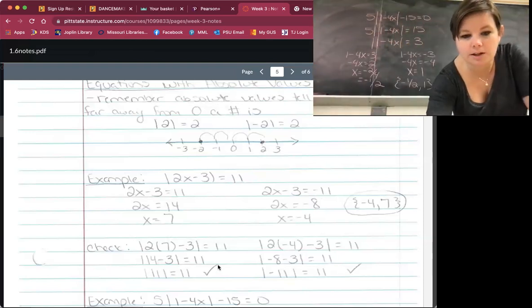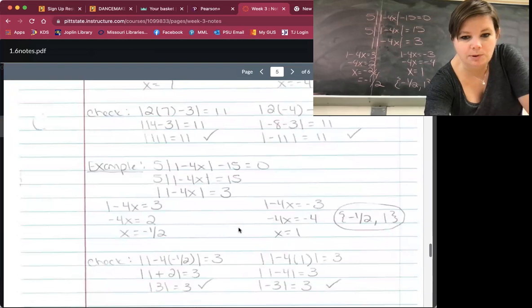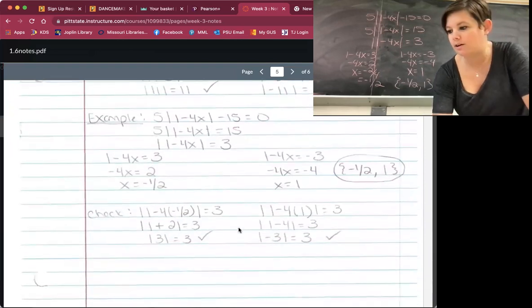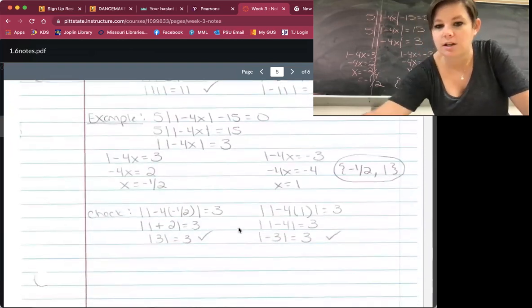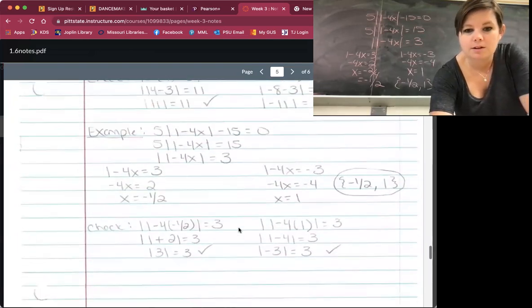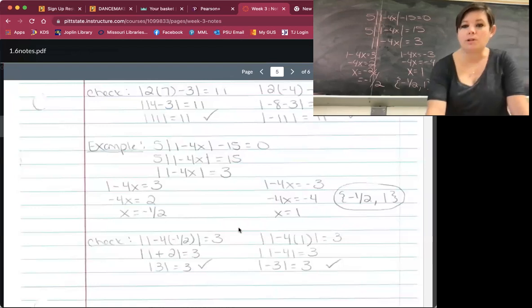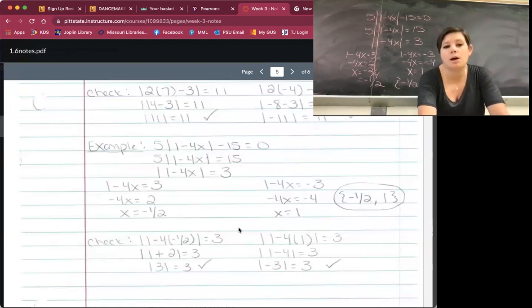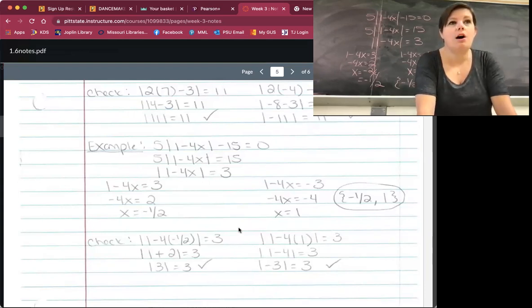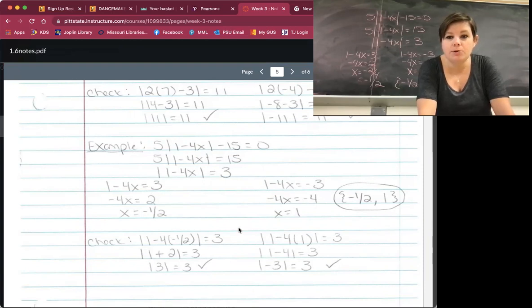Notice on the notes, I do check both of those solutions to make sure that they are accurate, and they do both work. So the absolute value problems are the nicest and the easiest ones out of the ones we are working on today. But don't let the other ones scare you away. Practice, practice, practice. On the homework, you can do the problems over and over again.